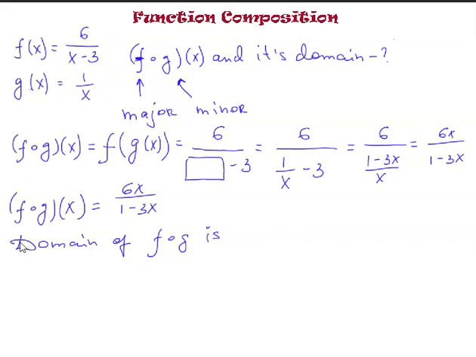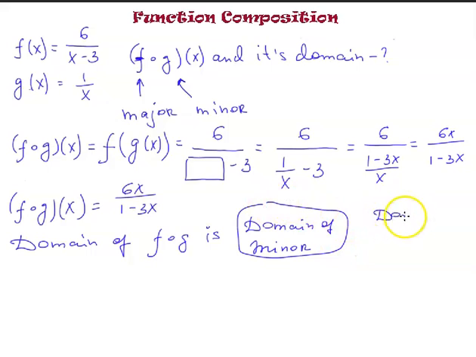The domain of a function composition is the domain of the minor function and the domain of the function composition. The union of those two domains will give you the domain of a function composition.